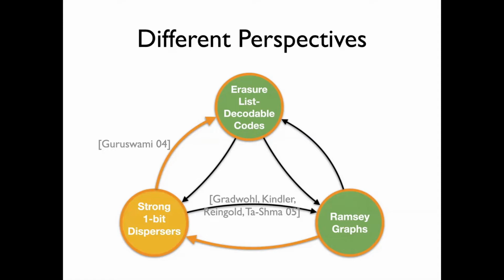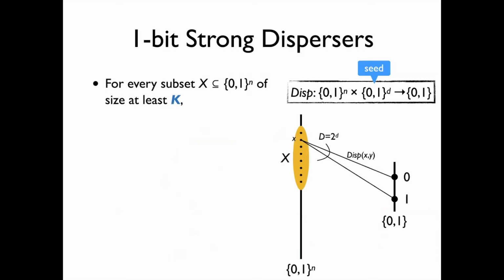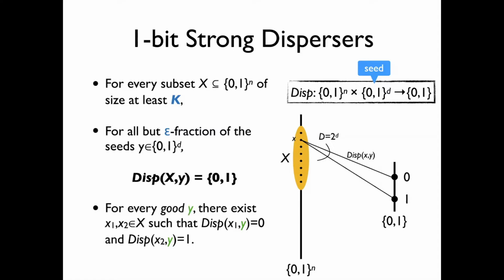And now let's start by defining strong one-bit dispersers. Okay, so a one-bit strong disperser is a function taking two inputs, one of length n and the other of length d, which we call the seed, and mapping it to a single bit, such that for every subset X of size at least capital K, so we have a large enough subset on the left, for all but epsilon fraction of the seeds, this X, Y is the entire codomain.